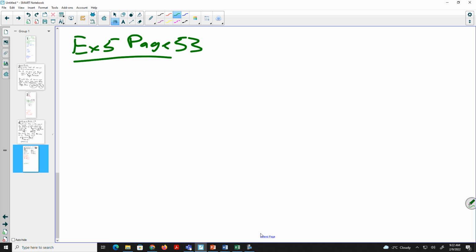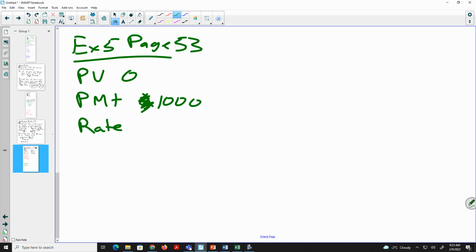So, present value, 0. Payment, 1,000. That's the squiggly. Rate. 3.5% is a safe, very low rate.